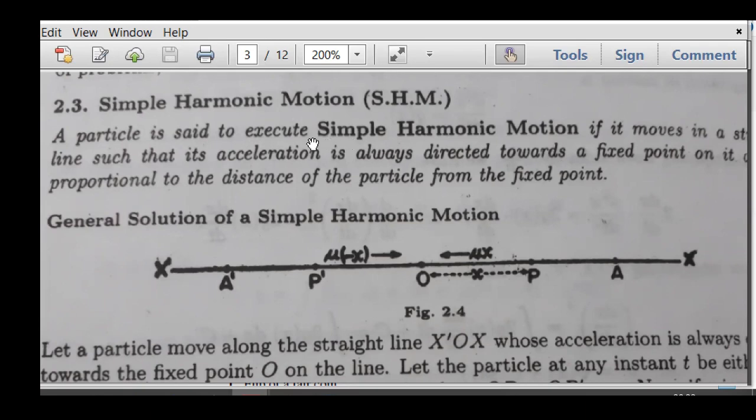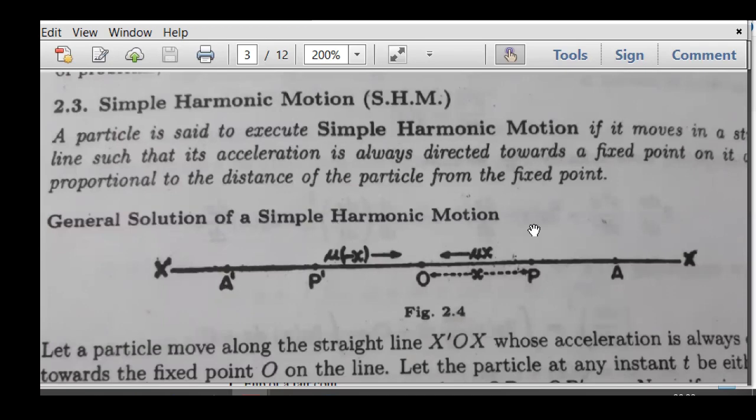But as it is simple harmonic motion, as soon as it starts moving on the left hand side of O, what will happen? The external force is pulling it towards O, so it cannot move for infinite time or infinite distance, because whenever it is moving, its acceleration will go on decreasing because of this pull. After some time it will stop again, so that point is indicated as A dashed.